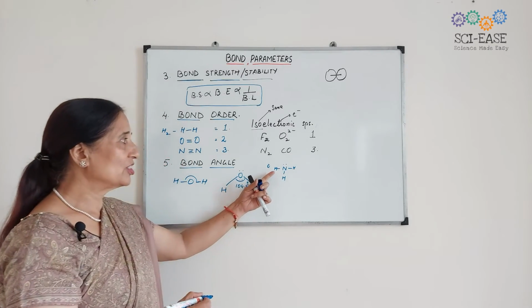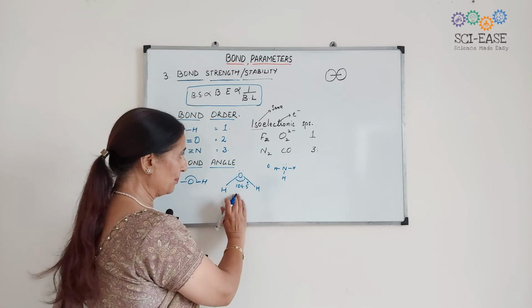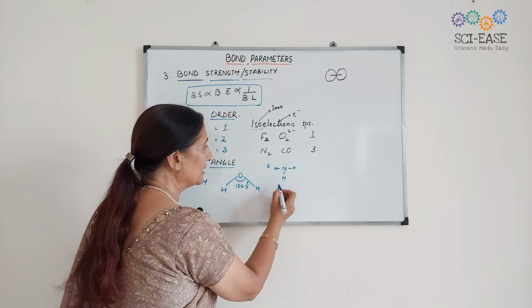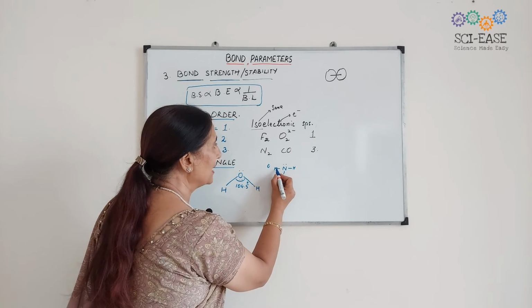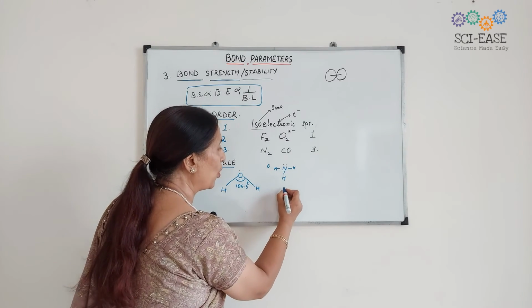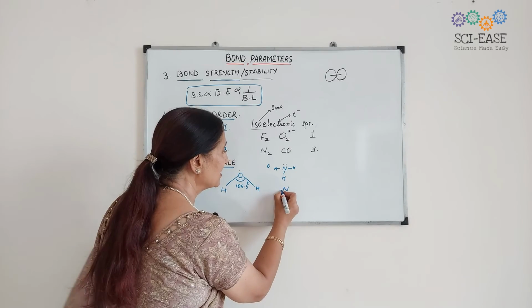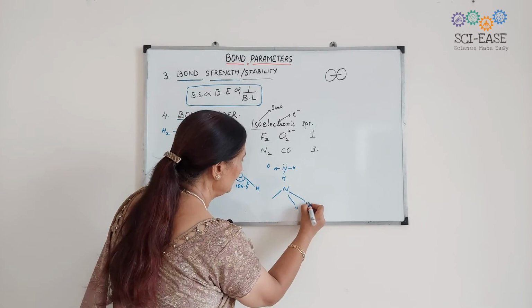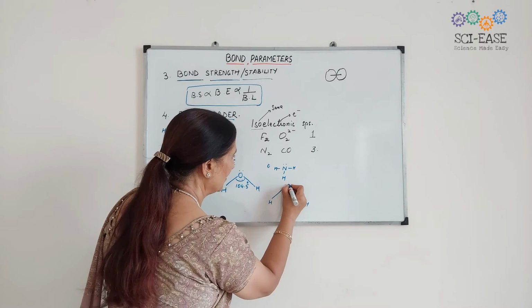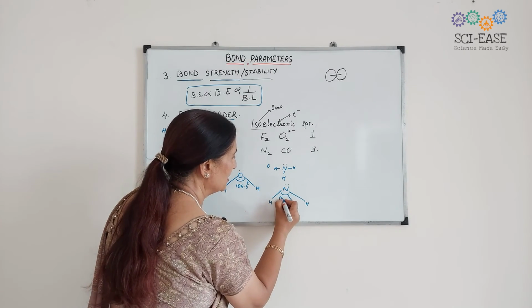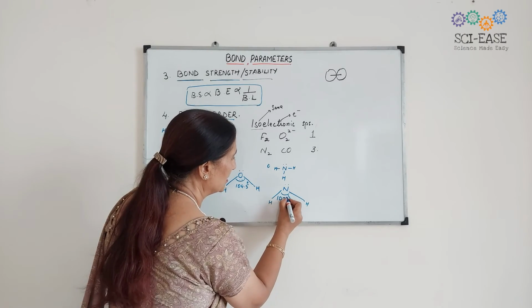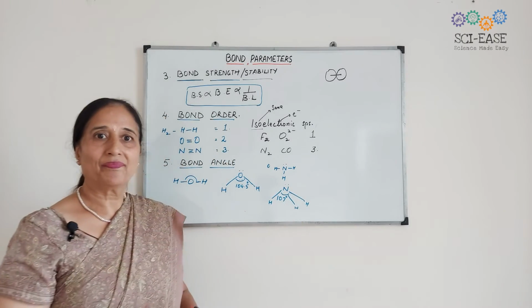Here the structure is not flat, it is a pyramidal, bent structure. Here the HNH bond angle is 107 degrees.